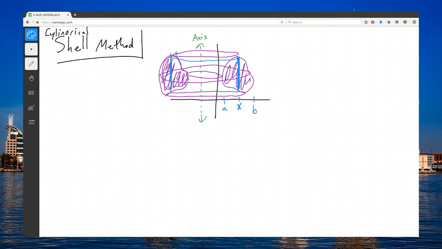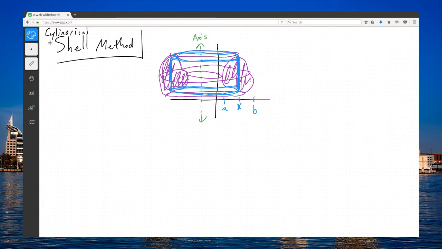And we can see how, if we were to rotate it around, we get a circle on the top, we get a circle on the bottom, we get a circle for any point on the line segment. And lo and behold, our cross section is a cylinder. It's the lateral surface of a cylinder.